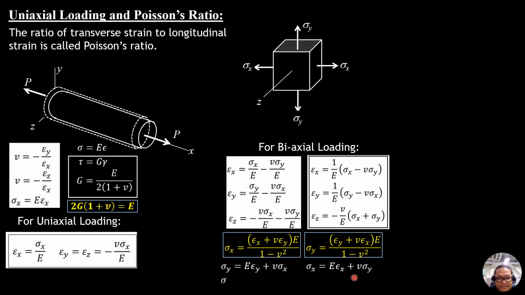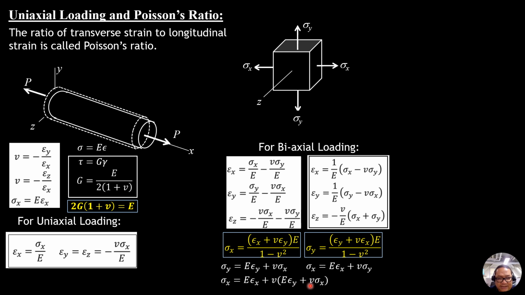So that's sigma x, therefore, E strain along x plus Poisson's ratio, and we replace sigma y by its equivalent. Sigma y is equal to E strain y plus Poisson's ratio sigma x.